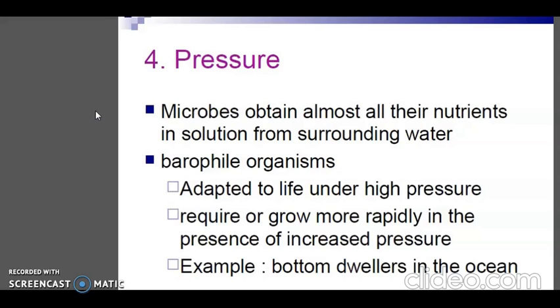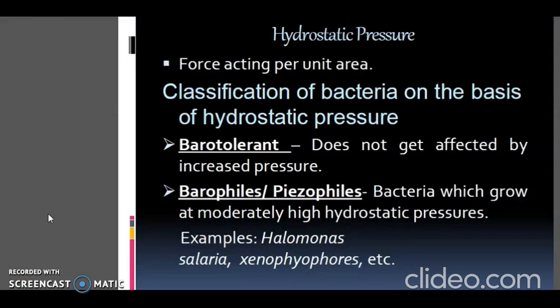But organisms living in the deep sea are subjected to high pressure. Hence, these organisms are adapted to live under such high pressure. And such organisms can be classified as barotolerant organisms. They are organisms which usually grow at normal atmospheric pressure, but they are able to tolerate high pressures also.